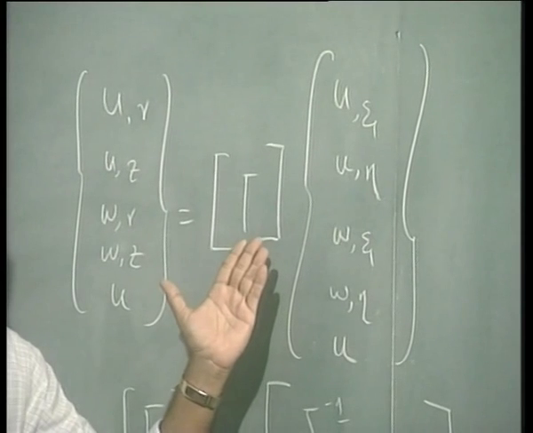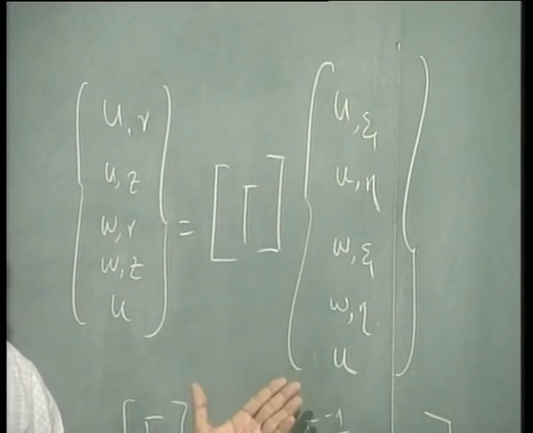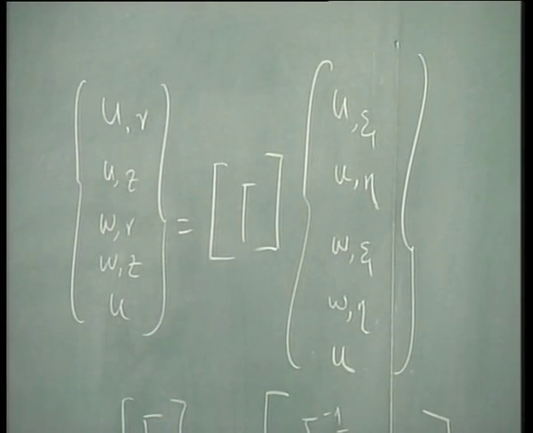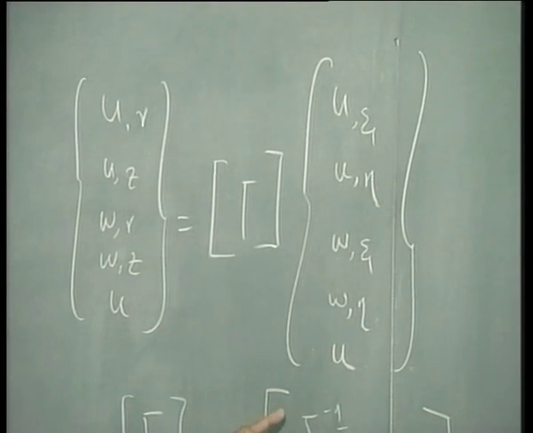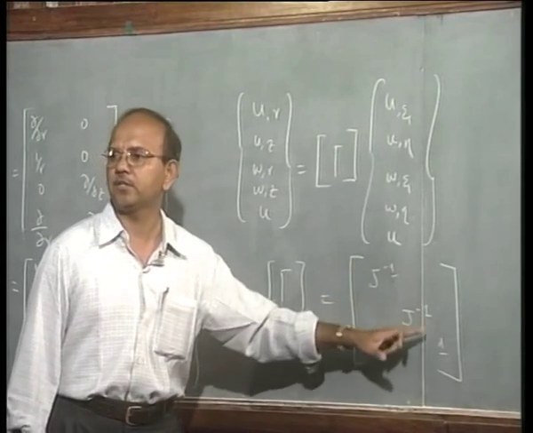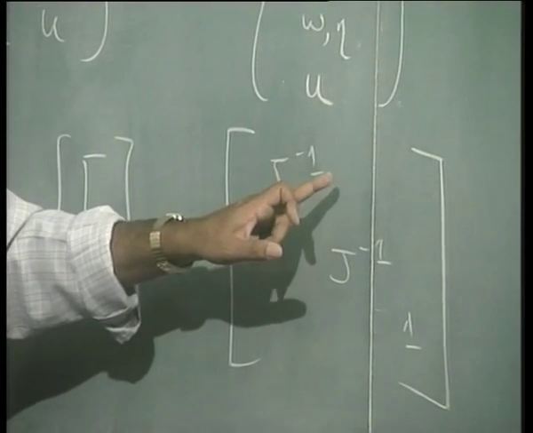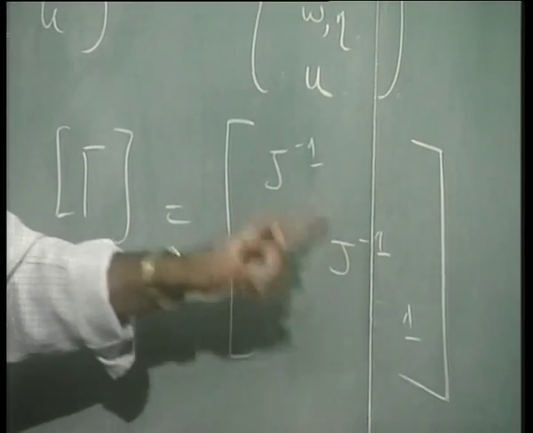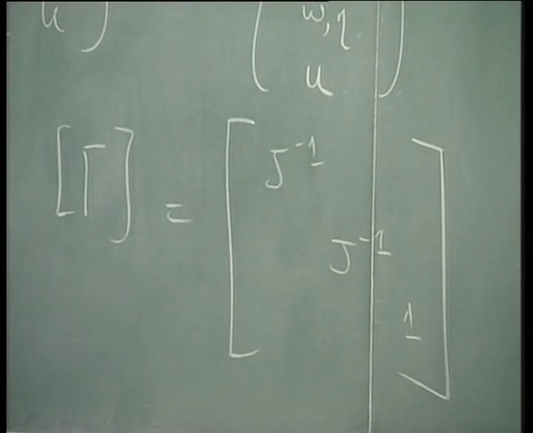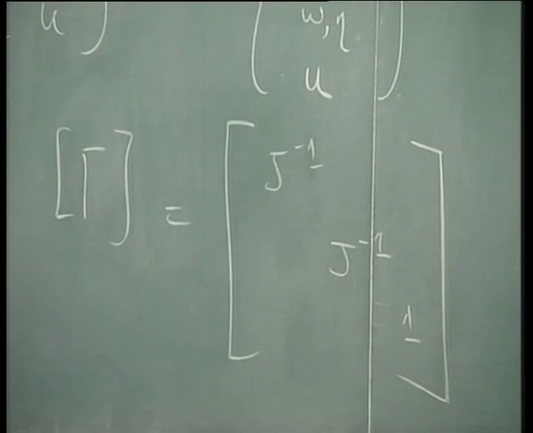Remember that gamma matrix. Again remember that in the plane strain or plane stress axisymmetric problem we had only a gamma matrix to be just J inverse. This is 2 by 2, then 0 0 2 by 2, 4 by 4 matrix. Here there is only one addition, that we have 1 here.